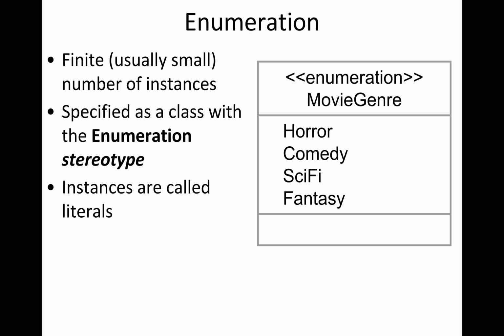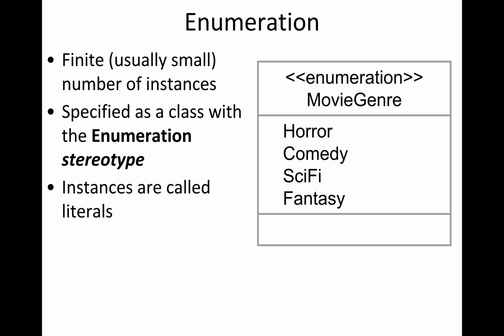An example is enumerated data types. There is no enumerated data type in UML. So we can reuse other diagrams, such as the class diagram, in such a way that allows us to represent enumerated data types.